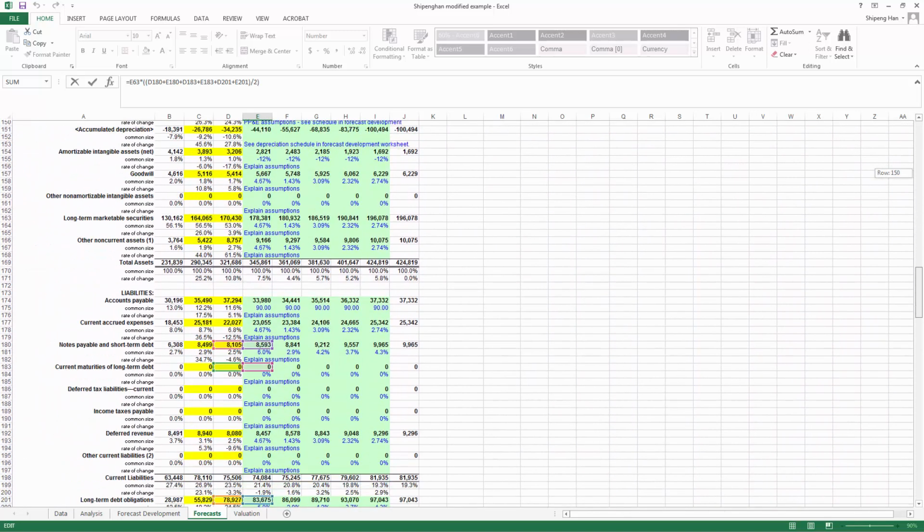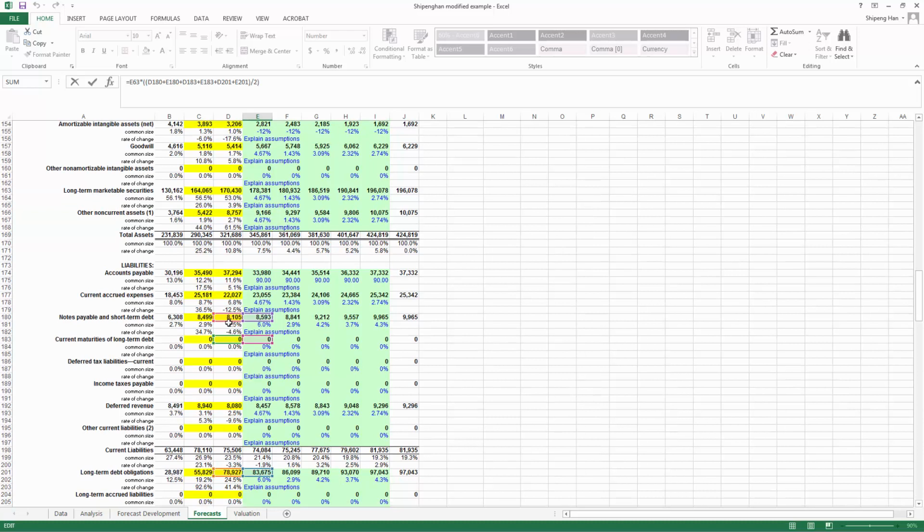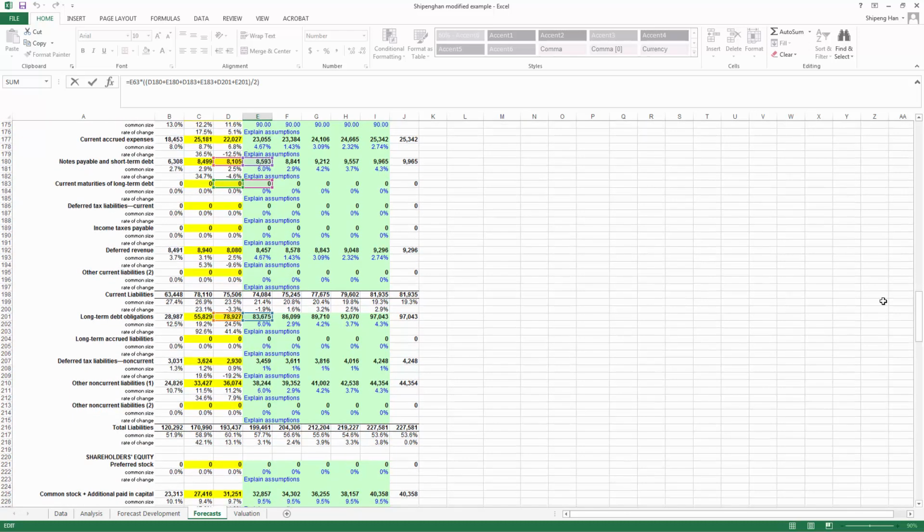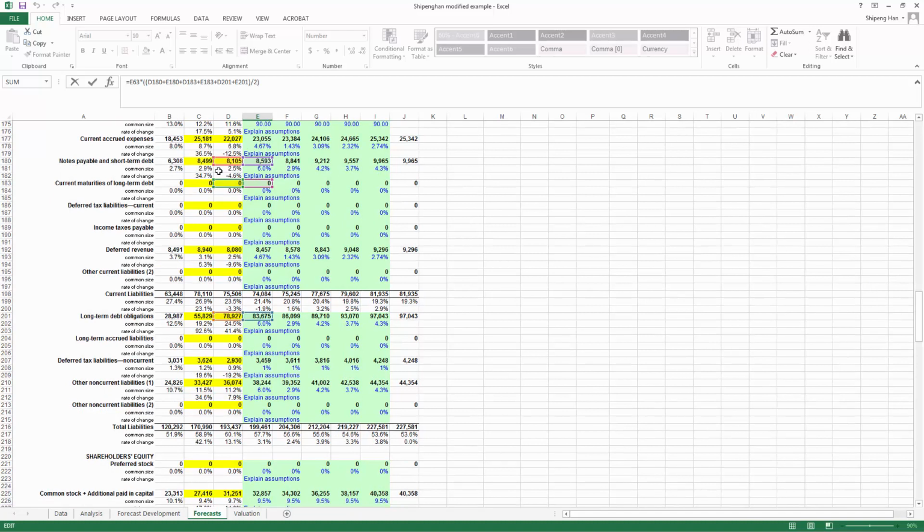They are actually notes payable, short-term debt, long-term debt, current maturities of long-term debt, and long-term debt obligations. These are all interest-bearing liabilities.